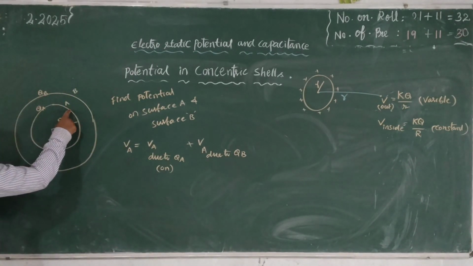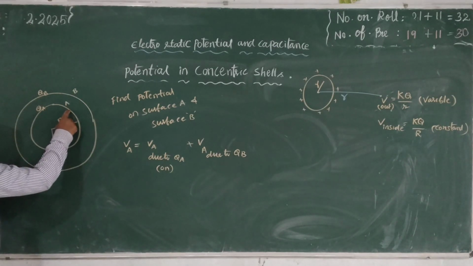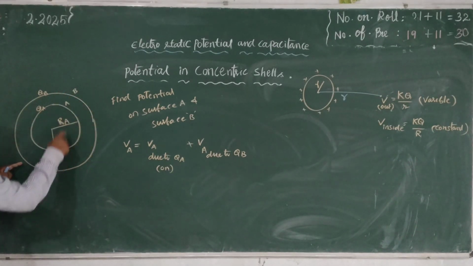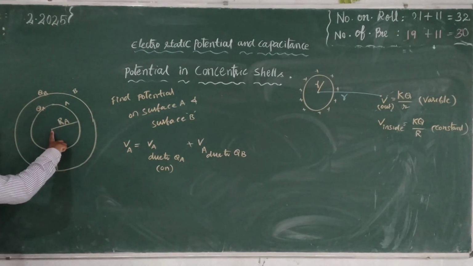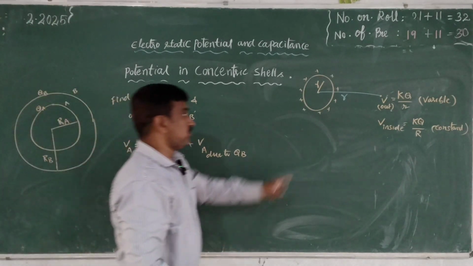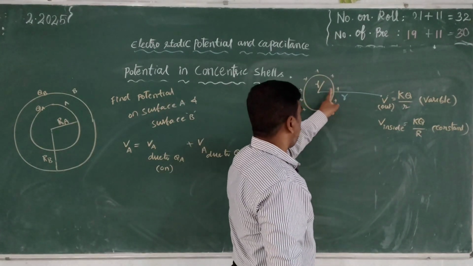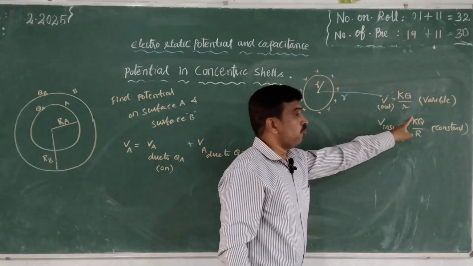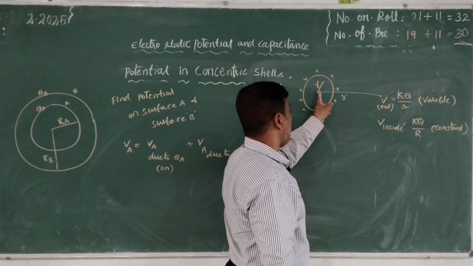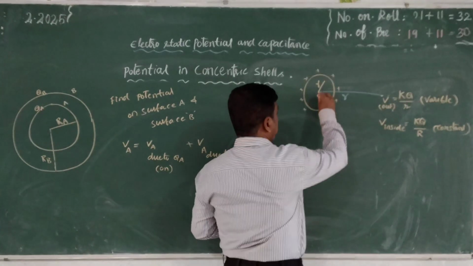The radius we take is capital R only, the radius of this sphere.